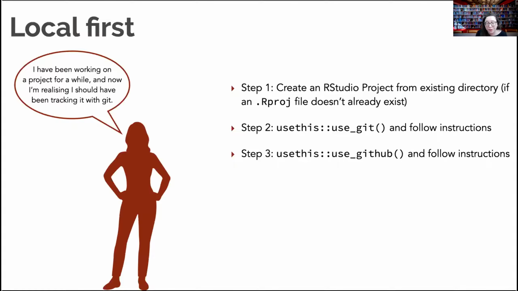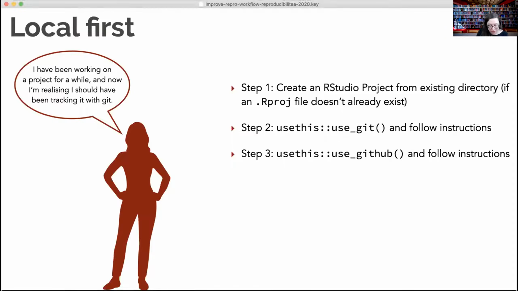Then I'm going to use functions from a package called usethis. I'll walk you through those and demo this idea of starting Git tracking for the project we've been working on, and then actually create a Git repository with that. So let me stop sharing my Keynote and go back to sharing my screen.